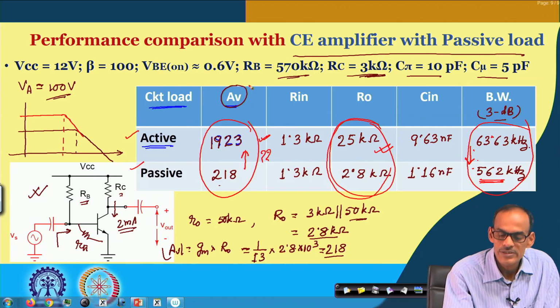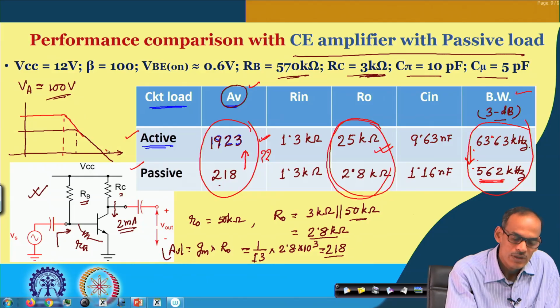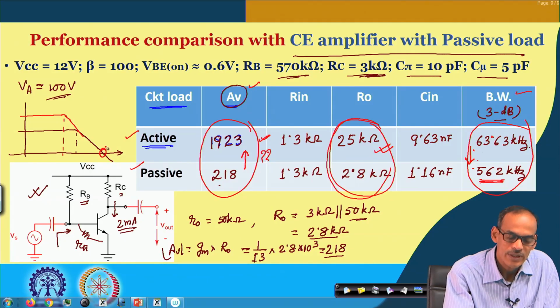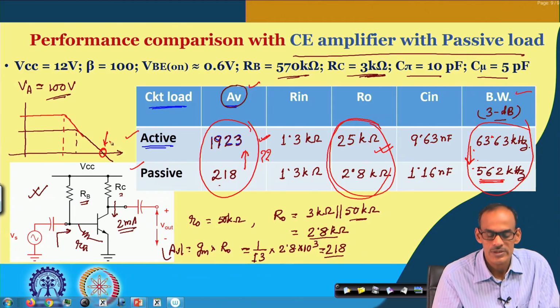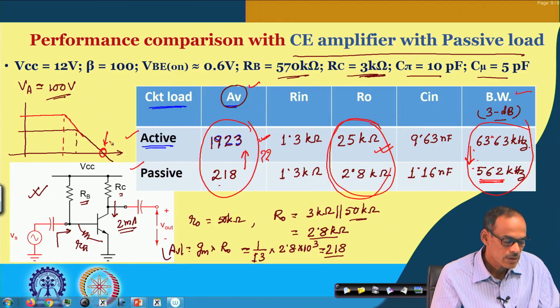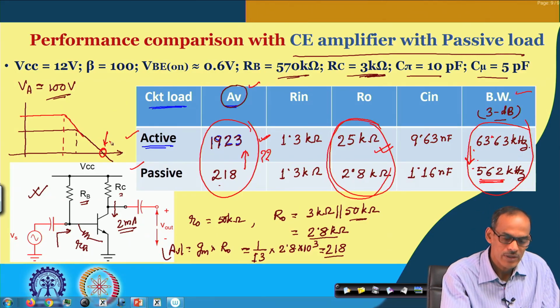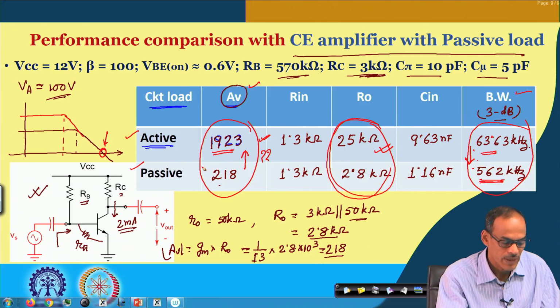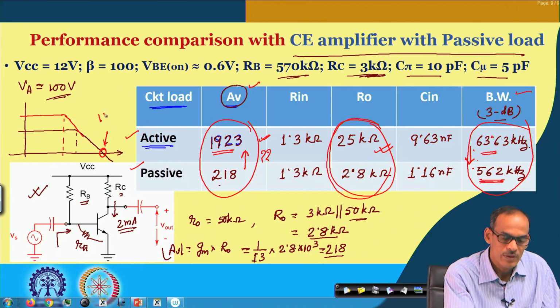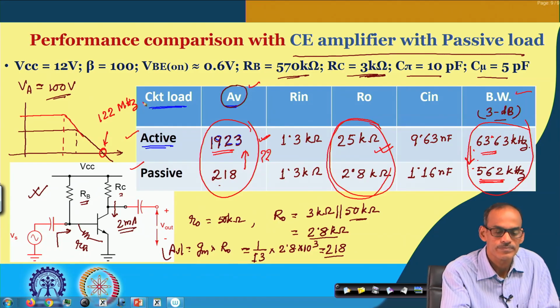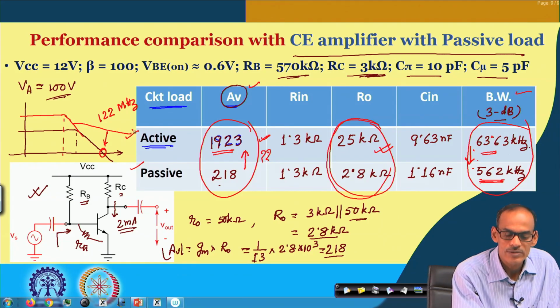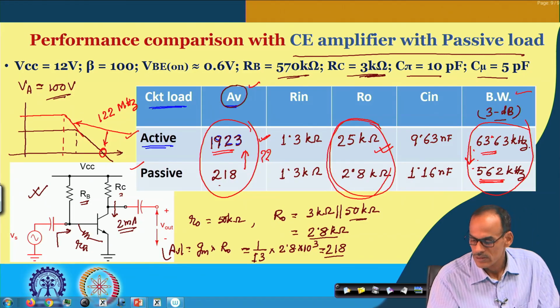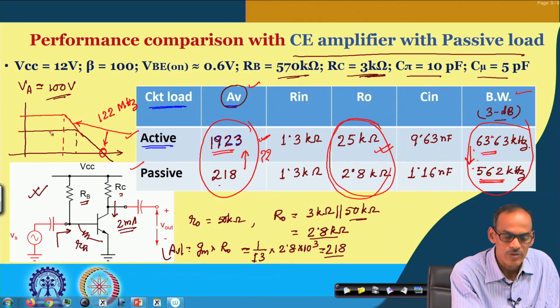So, if I multiply the gain and the bandwidth, it remains the same, and hence the gain bandwidth product remains the same. In my calculation, I simply multiplied the gain and the bandwidth, and it comes close to 122 megahertz for both cases. The red one is with active load, and the dark one is with passive load.